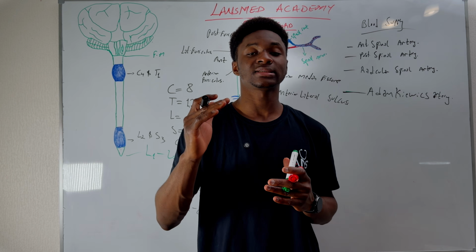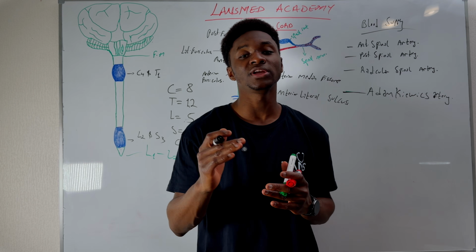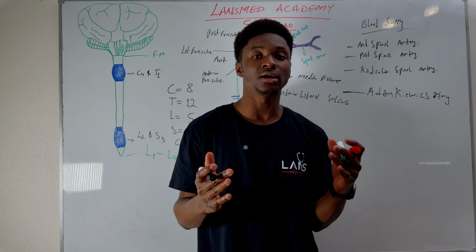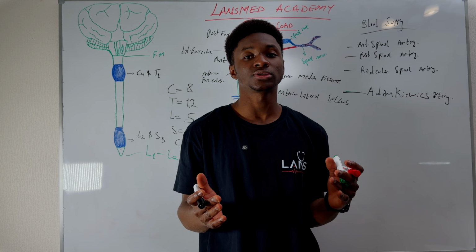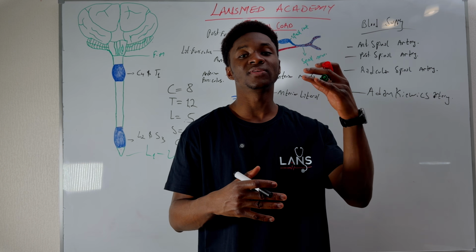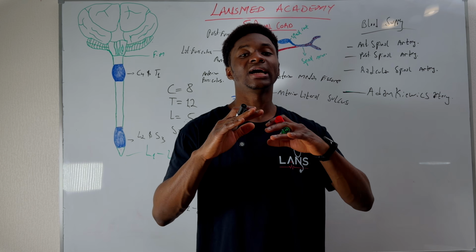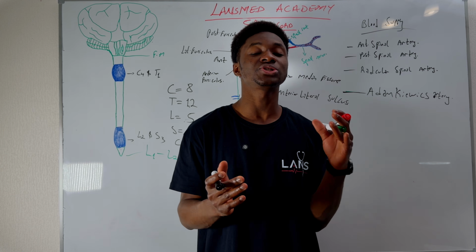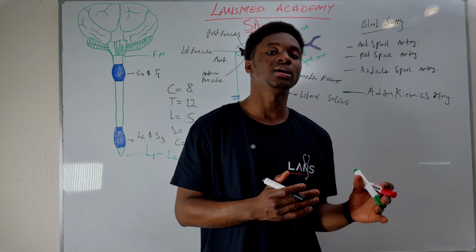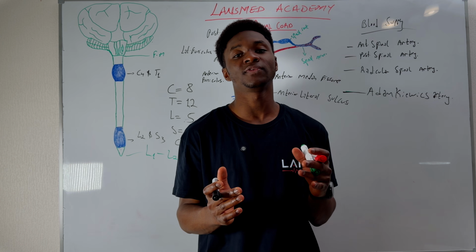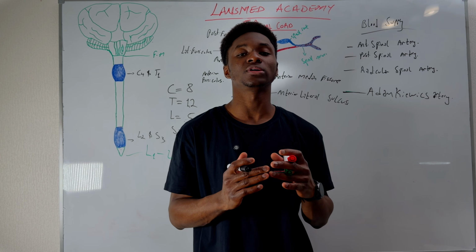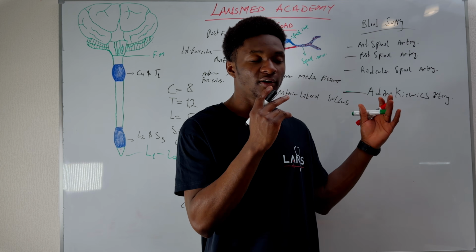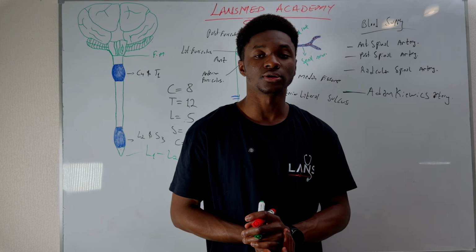The next relay point for the venous drainage is the external vertebral venous plexus, which is located on the vertebral bodies. And the last plexus is the basivertebral plexus, which connects the external and the internal venous plexuses, and they help for the drainage of blood from the spinal cord.